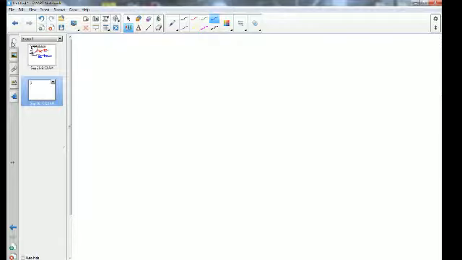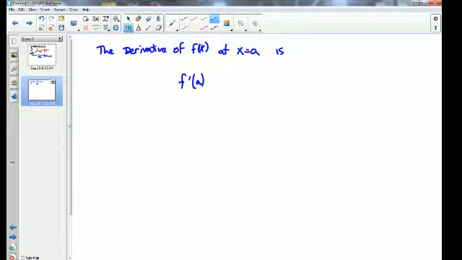The derivative of f of x at some value, so we're going to say it's at a, is the limit. That's how you're going to write the derivative. F prime at a is how you say it.